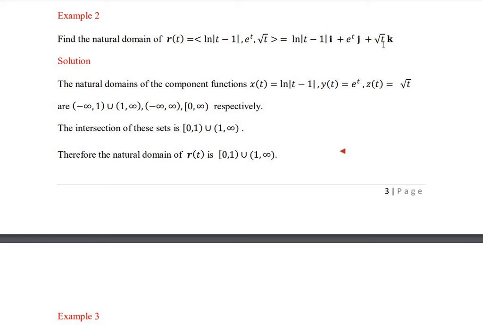Then the natural domain of root t is the closed interval 0 to infinity. So therefore the intersection of these sets is the closed interval 0 to 1 union open interval 1 to infinity, which is the natural domain of vector r of t.